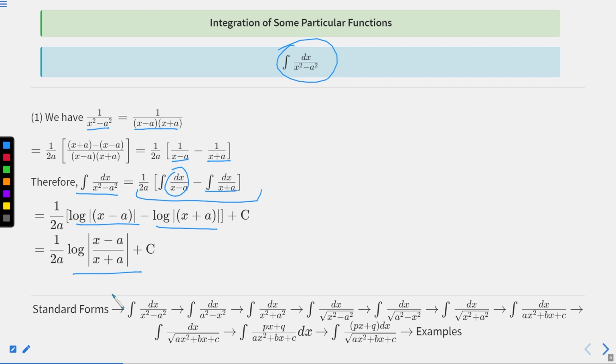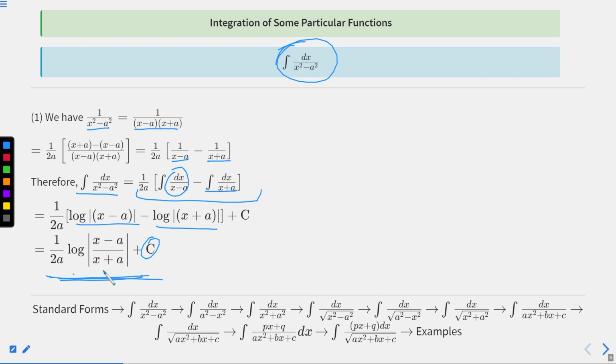So 1 by 2a log modulus x minus a divided by x plus a plus c, some constant, will be your final answer. That's why integration of this is equal to this. So whenever you see such forms, dx by x square minus a square, you will directly say that the integration will be 1 by 2a log x minus a divided by x plus a.